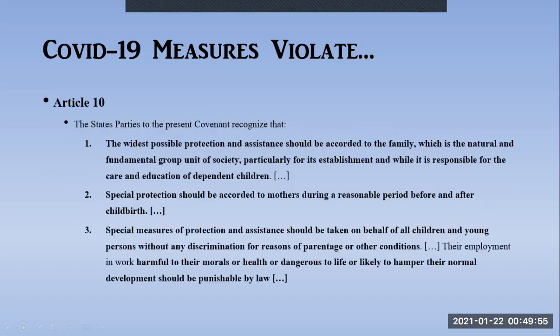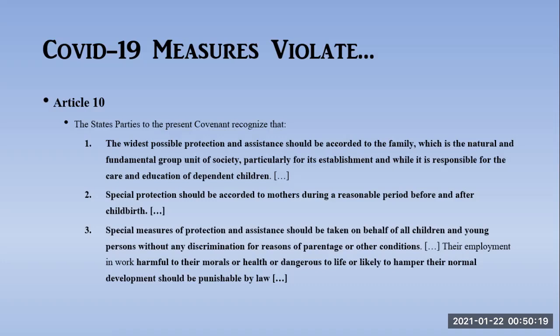All right, Article 10 states that the states party to the present covenant recognize that, one, the widest possible protection and assistance should be accorded to the family, which is the natural and fundamental group unit of society, particularly for its establishment, and while it is responsible for the care and education of dependent children.